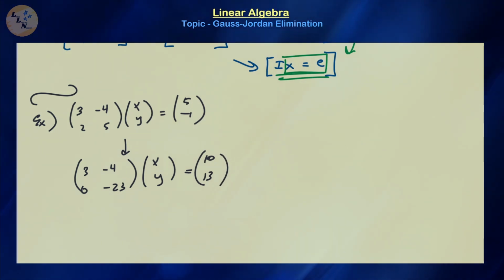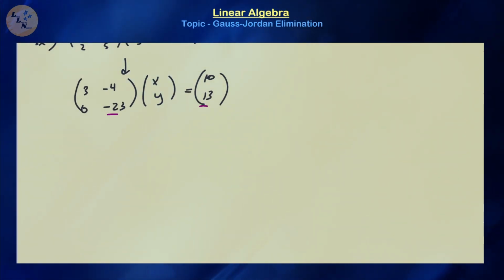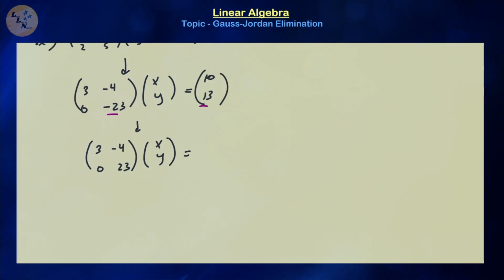Now our goal is to make the left-hand side into an identity matrix. The first thing we can do is get rid of the negative sign by multiplying both sides of the second equation by -1. That gives us [3, -4; 0, 23] times (x, y), with 10 and -13 in the right-hand column.